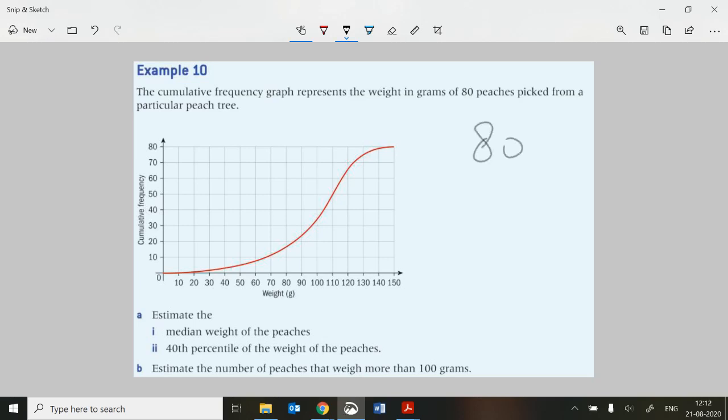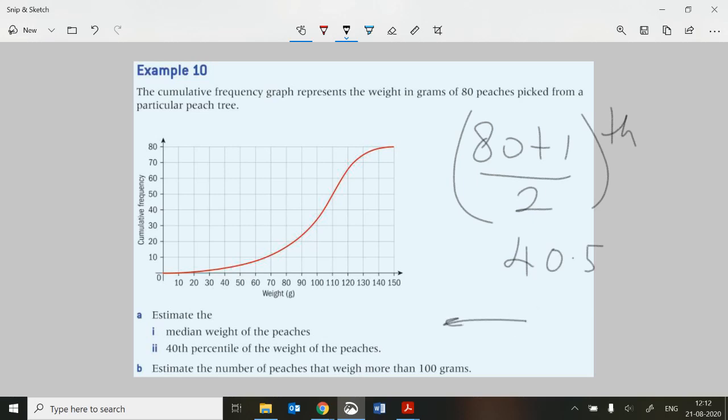Remember, you can do 80 plus 1 divided by 2 to get the value which represents the median. If you have all of these peaches lined up in terms of their weight, the value of the 40th and the 41st will represent the median. You can imagine there's 40 on one side, 40 on the other side, lined up in ascending order in terms of their weights.